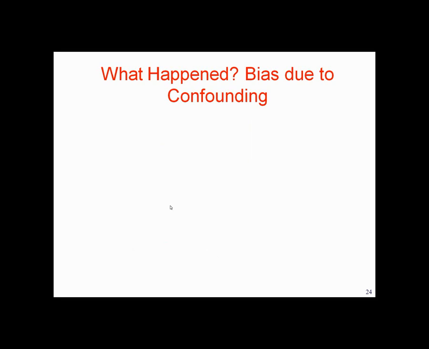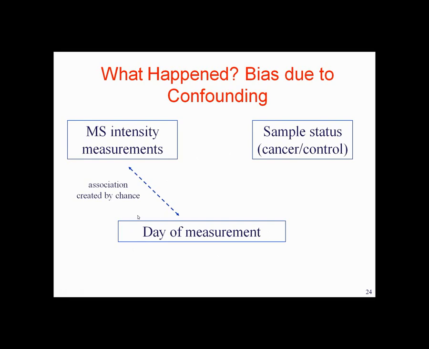And the problem is that by chance, there has been an association between the day of measurement and the intensity measurements, the response. And the association is that on day 3, intensity measurements were of lower quality than for the first 2 days.